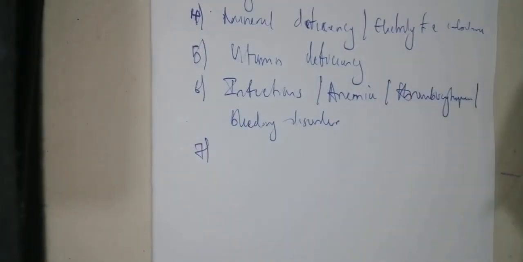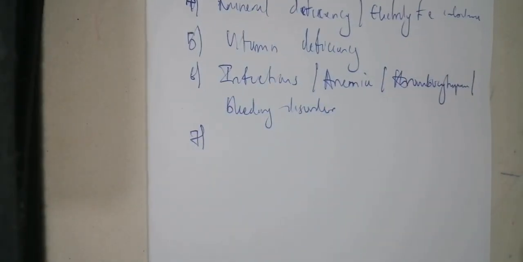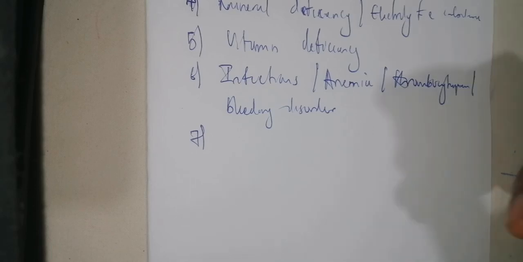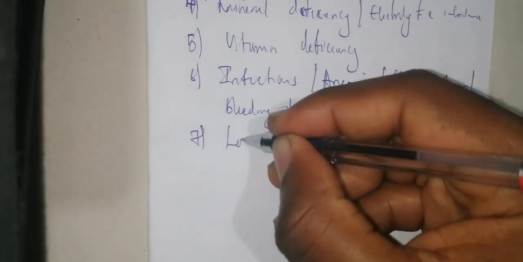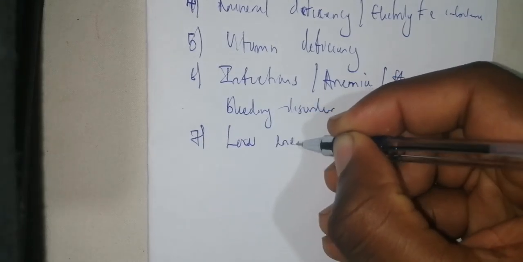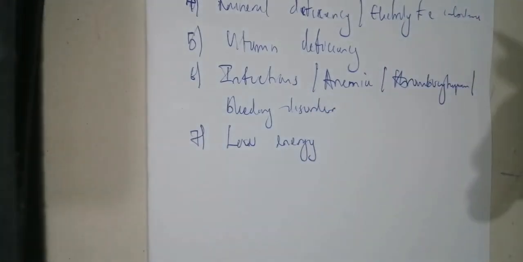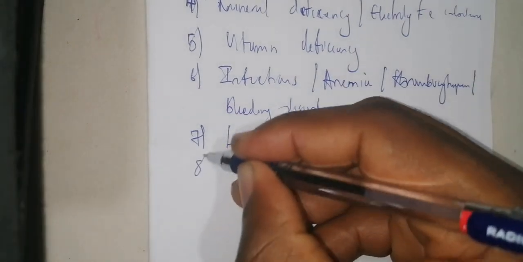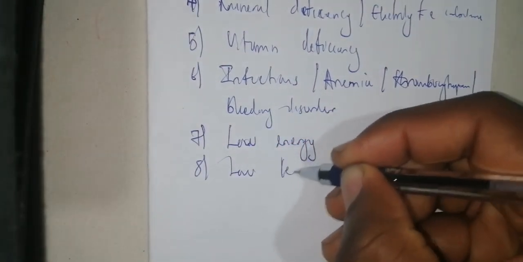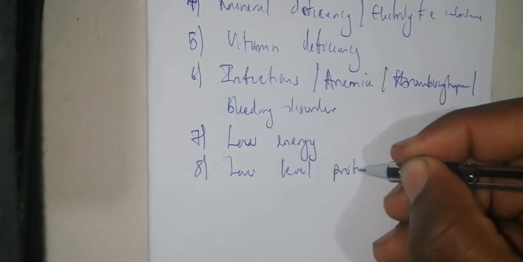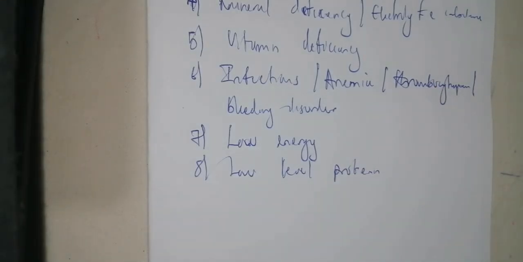The other group of complications these patients have is low energy. Is it clear? That's why we need to give supplementation of certain products. And the last one is low level of protein, so we supplement them again with other products.